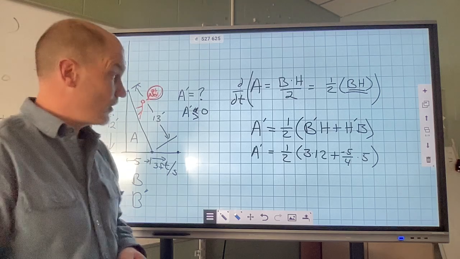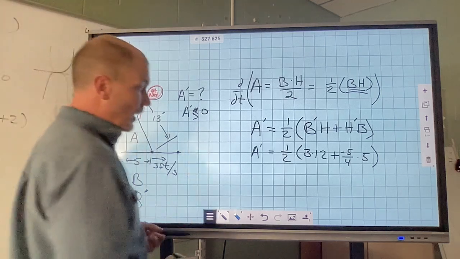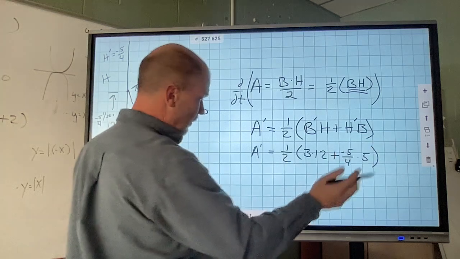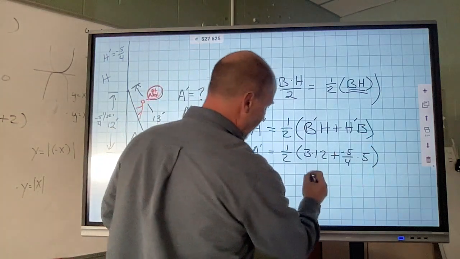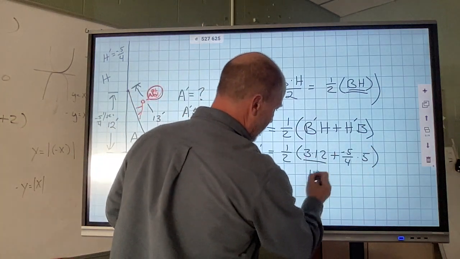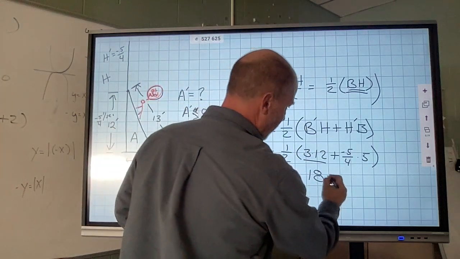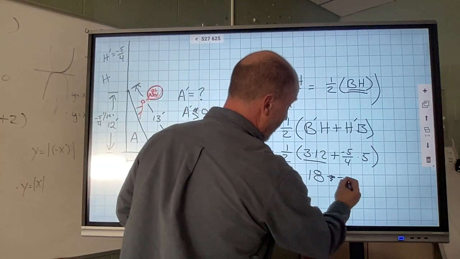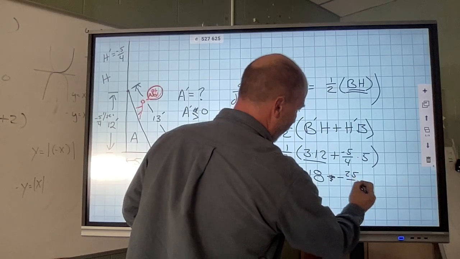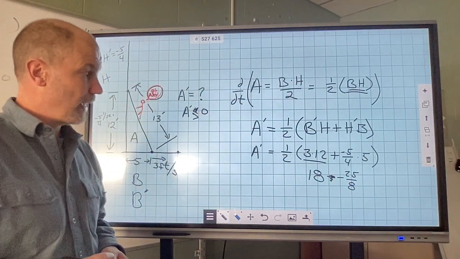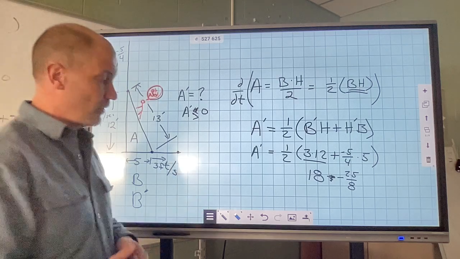So it seems like I just need to do a quick evaluation. I'm going to distribute this 1/2 and turn this into 18. 36 divided by 2 is 18, minus 25/8. I need to have a common denominator to do this.